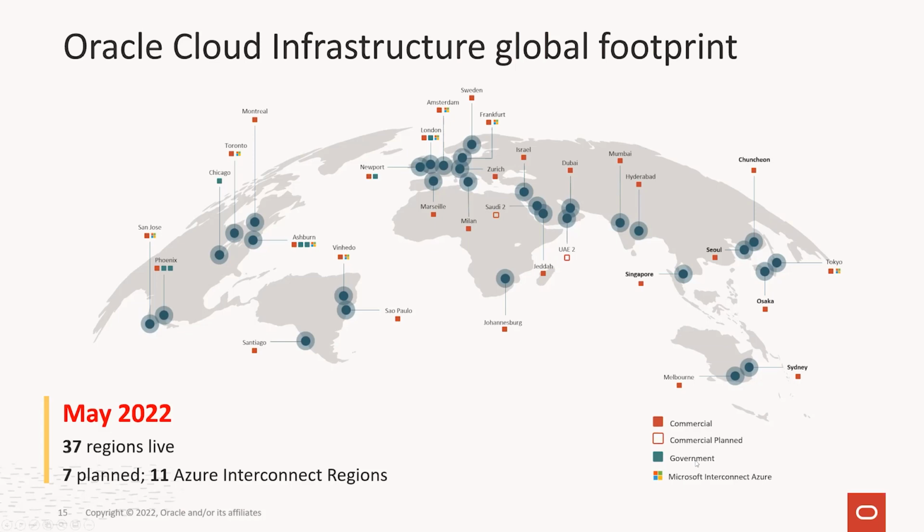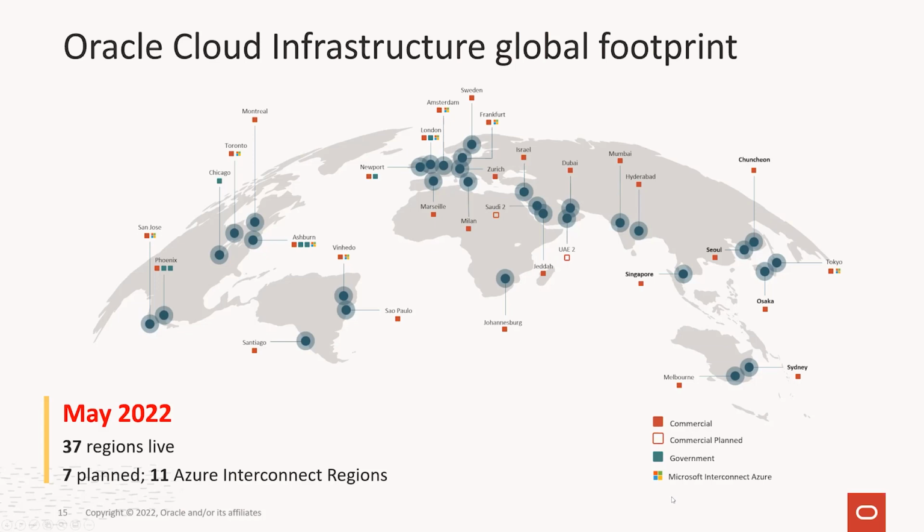We also have government regions that are available for the government side, let's say. And on some of those regions, we have this partnership, that's why you see the logo from Microsoft.